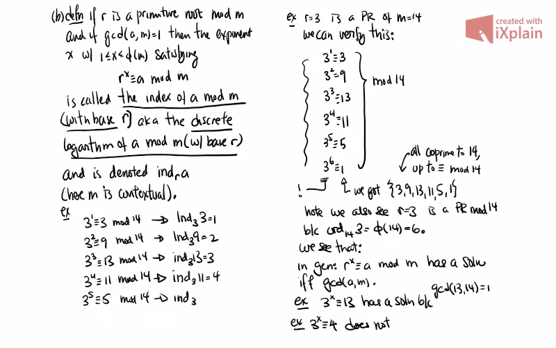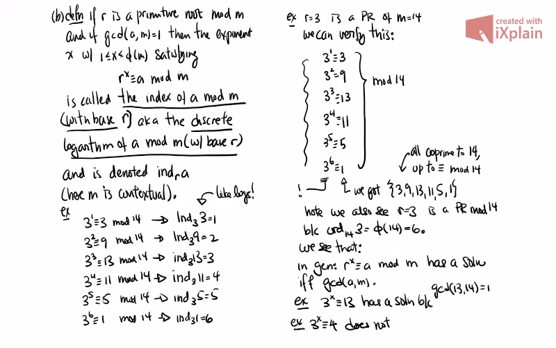So the index of 5 is 5, and 3 to the 6 is 1 mod 14. So the index base 3 of 1 is 6, right? So these all look like logarithms.